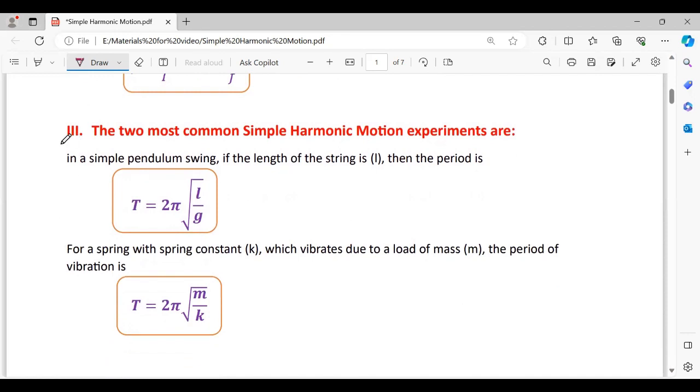Next, 3. The two most common simple harmonic motion experiments have two formulas.